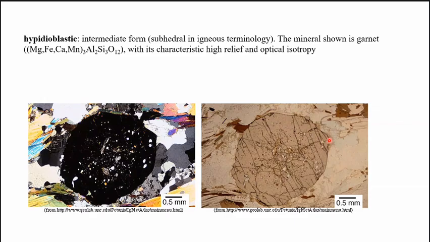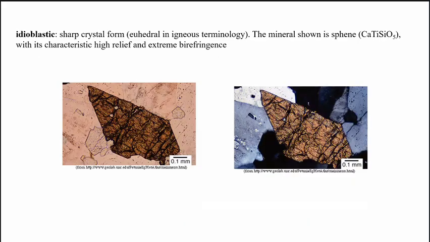While in igneous, it is called subhedral. Subhedral is in between euhedral and anhedral. Anhedral, not perfectly formed. Subhedral, intermediate. Euhedral, perfectly formed. That's for igneous. But for metamorphic, you have idioblastic, perfectly formed.